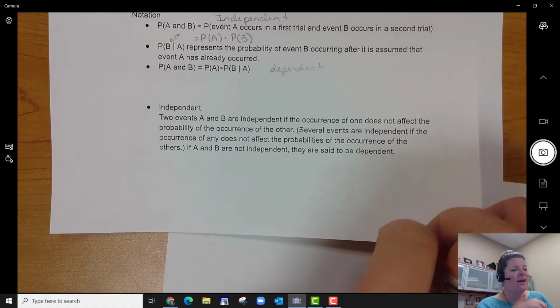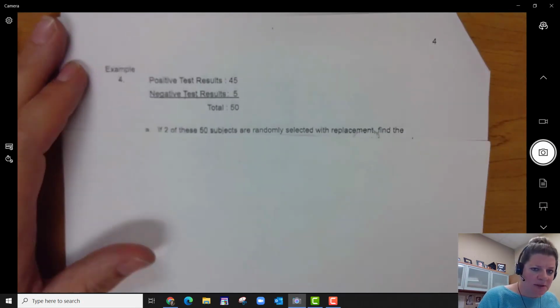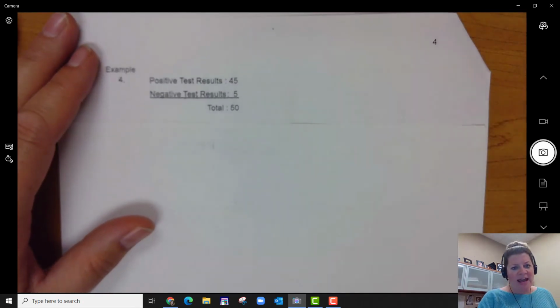So if I replace something back in, it's independent. If I don't replace, I leave it out, it's going to be dependent. All right, so let's do an example of this. If I have positive test results 45, and I have 5 negative results, so I have a total of 50 people.